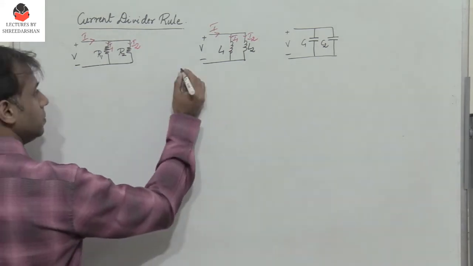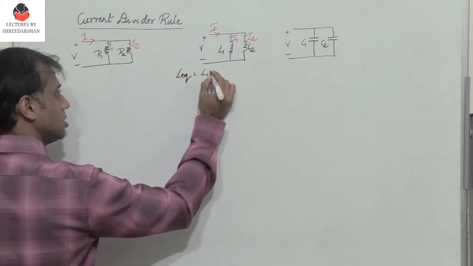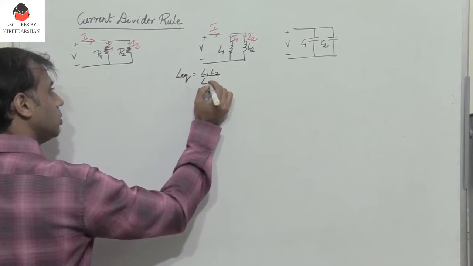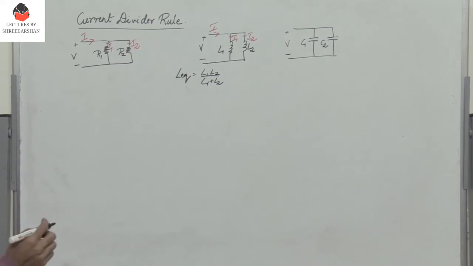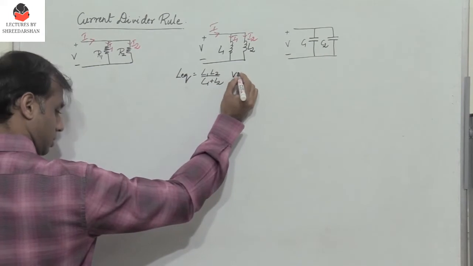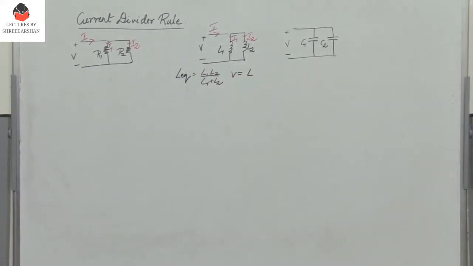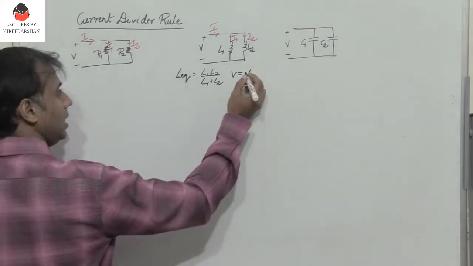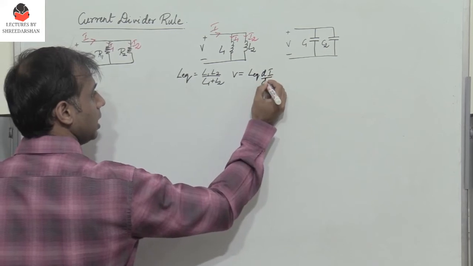These are two inductors connected in parallel, so it is L1 into L2 divided by L1 plus L2. And we know that the voltage V is nothing but L di by dt, so it is L equivalent into di by dt. So this is the voltage.